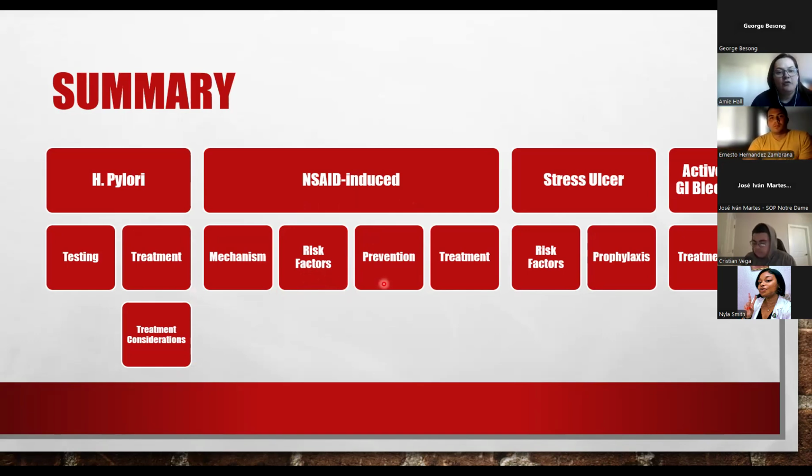Prevention of NSAID-induced ulcers and treatment of NSAID-induced ulcers, and then thinking about stress ulcers and risk factors. So thinking about mechanical ventilation and coagulopathy, and what does that mean, and how we're going to prevent that. And then if the patient gets to an active GI bleed, what treatments are we going to use?